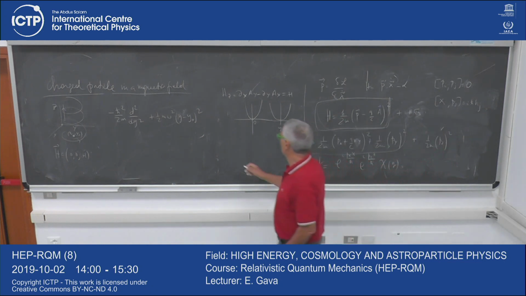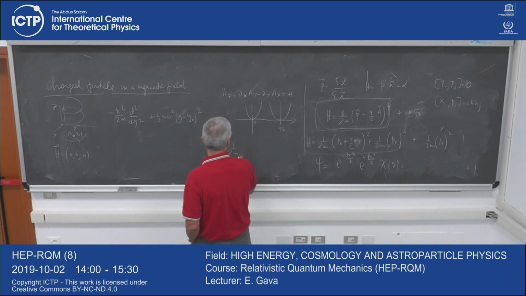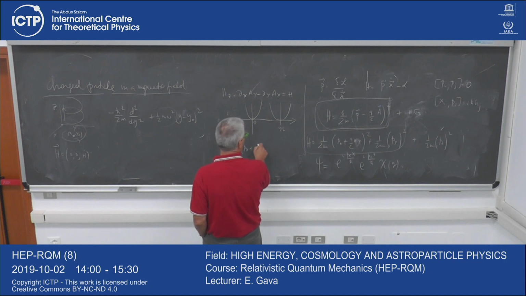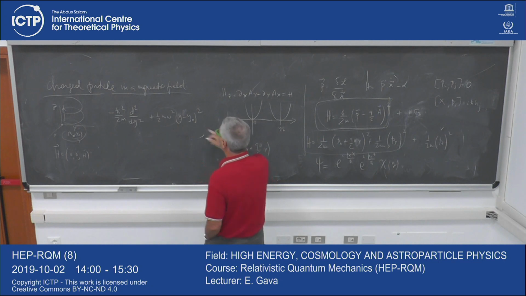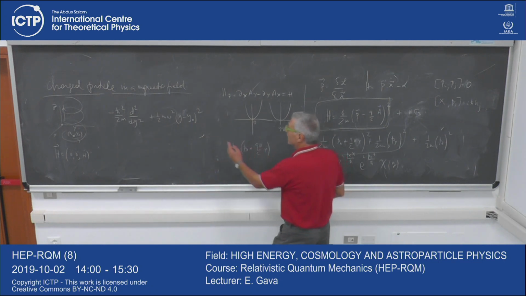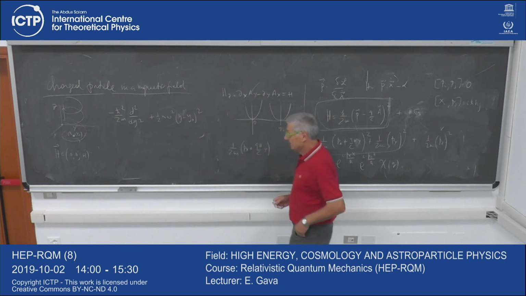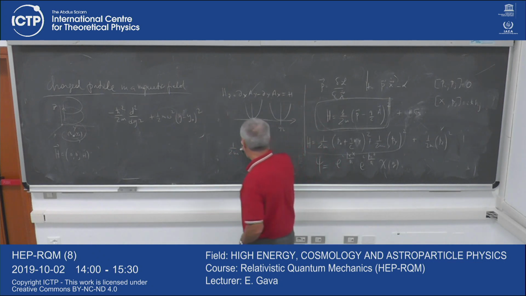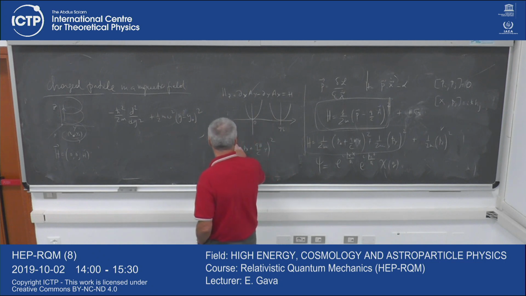So you have 1 over 2m (px plus qh over c y)... If you want to write it in this form, better to have coefficient 1 like that, right? So we can take this outside. This is a square, right?